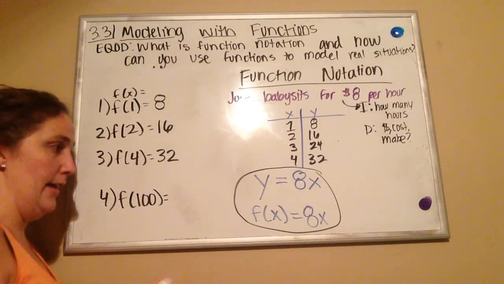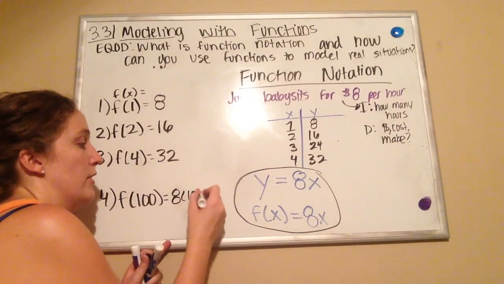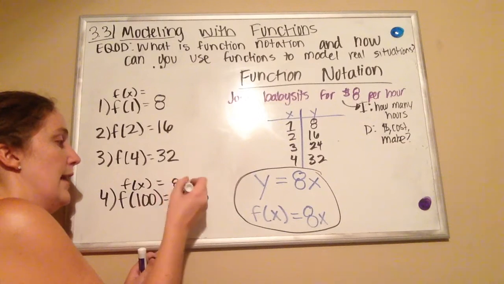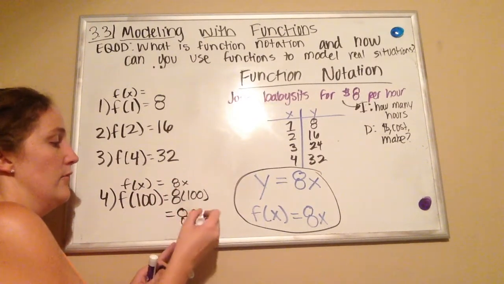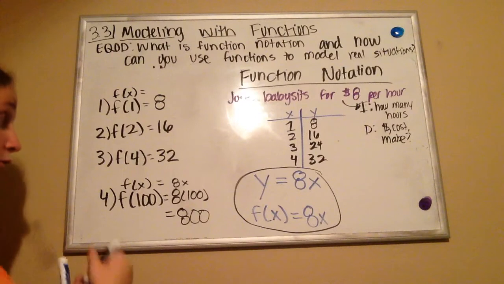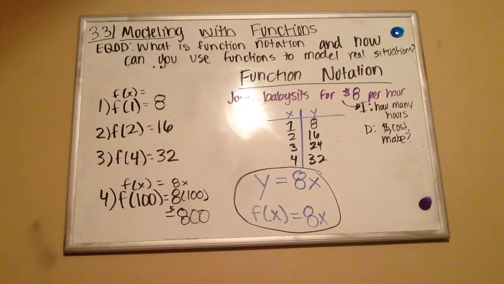So how did I get that? 8 times 100. Right? Because f of x is equal to 8x, and our x is 100. So this is equal to $800. I don't know if Jose's ever going to babysit 100 hours, but he would make $800 if he did. Cool. Alright, so that's function notation.